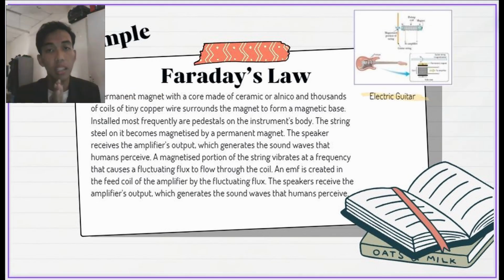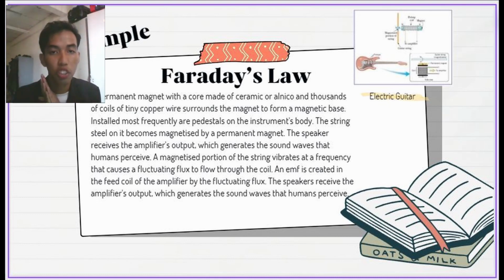The example for Faraday's law is a permanent magnet with a core made of ceramic or annealed material, and thousands of coils of tiny copper wire surround the magnet to form a magnetic base, installed most frequently on a pedestal or instrument body. The steel strings on it become magnetized by the permanent magnet.